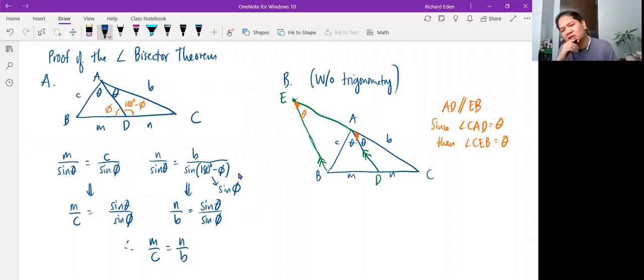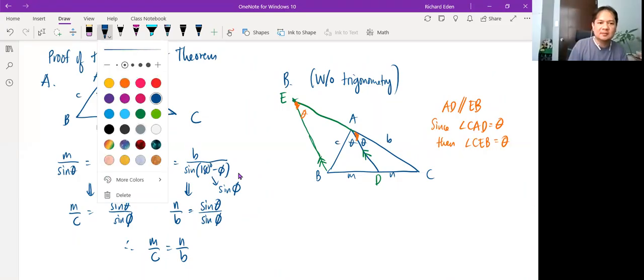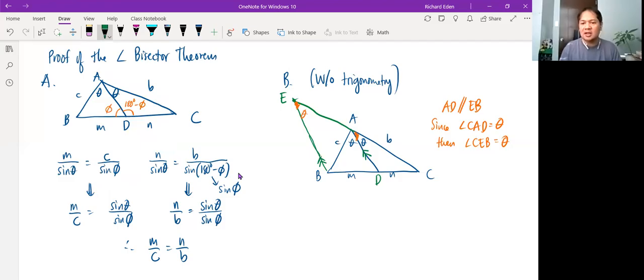Here is another observation. Let me write it down with a different color. Yet again, because AD is parallel to EB, this is what I want to observe.